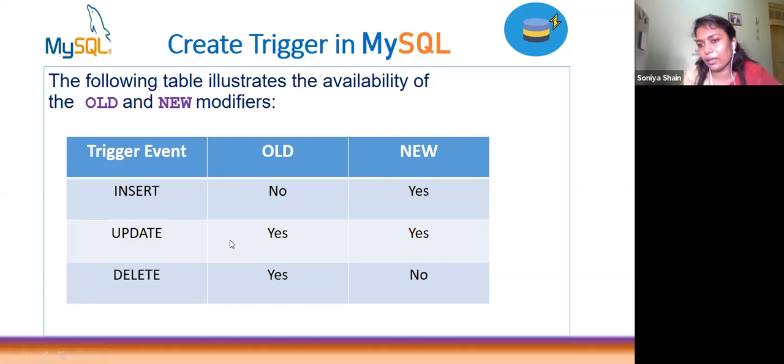Updating means both are there, because the old value is also there and you are changing to a new value. And delete means only old is there, new is not there. Delete means the data is gone, so new has no importance. I hope this is clear to you.